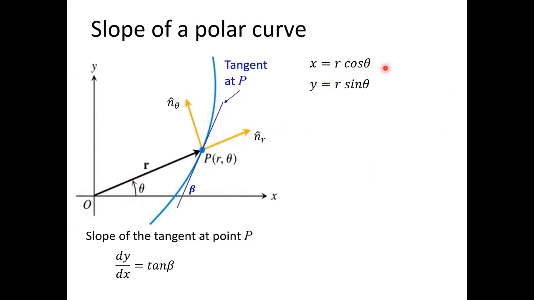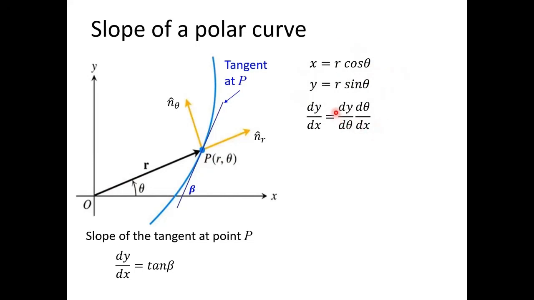So x equals r cos theta and y equals r sine theta. So dy over dx we could find in terms of dy over d theta multiplied by d theta over dx. We can find dy over d theta by differentiating y equals r sine theta, and similarly, dx over d theta also we can find.